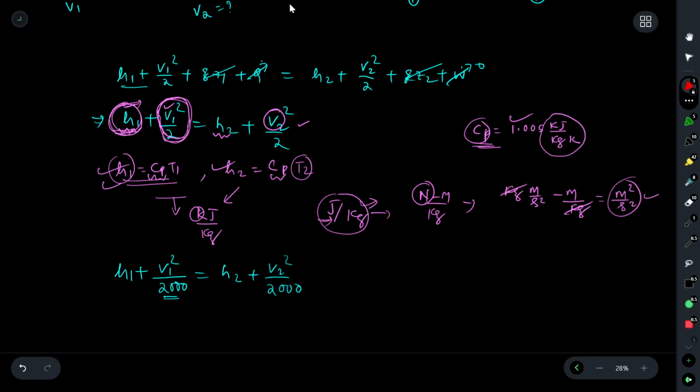Okay, so now everything is known to us. Simply I'll be putting all these values which are given to us in the given formula, and from here I will be able to calculate the value of V2, right?